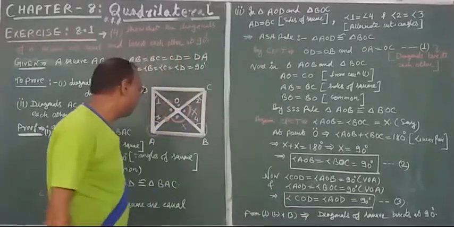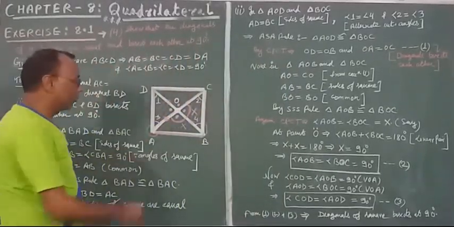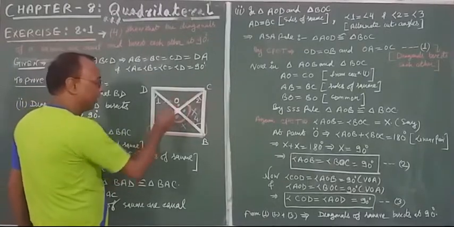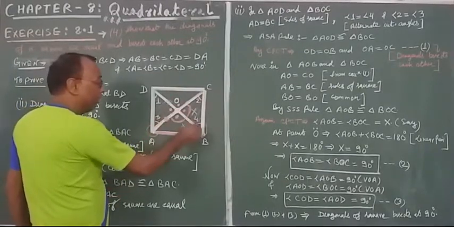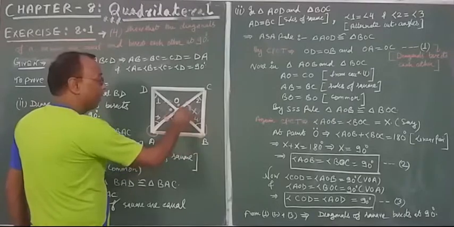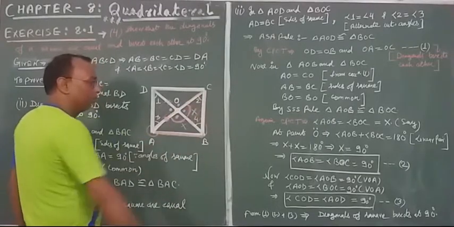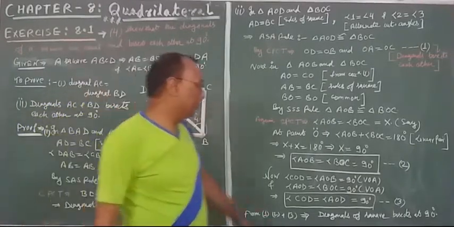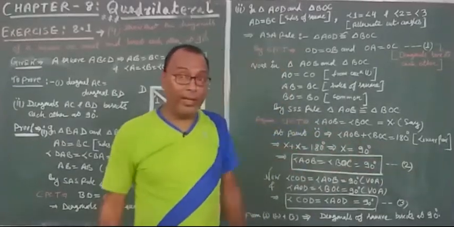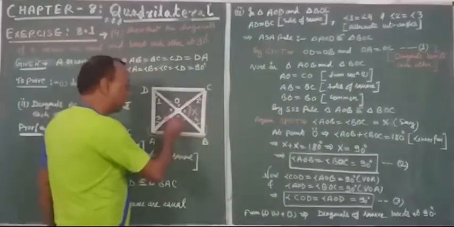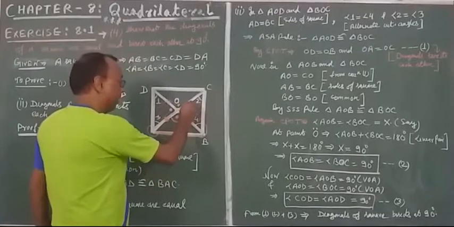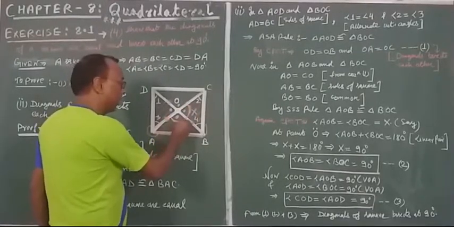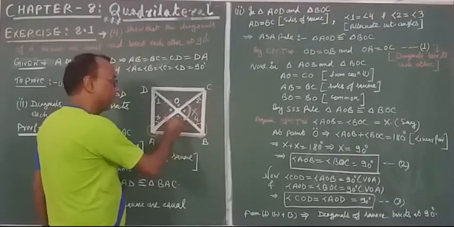Now just look at this point O. Angle AOB plus angle BOC will be 180 because they are a linear pair, both in a straight line.